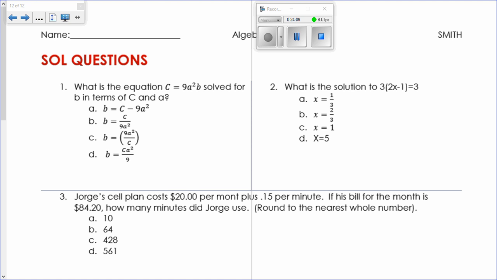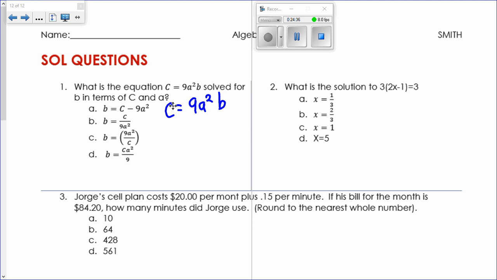Now it says, what is the equation c equals 9a squared b, solve for b in terms of c and a? If you're solving for b, that's what they're asking you to do. You have c equals 9 times a squared times b. How do you get the b by itself? What terms do you need to get rid of? 9a squared.